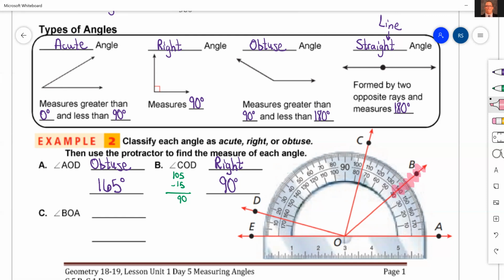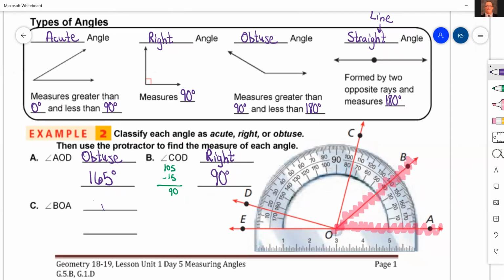That's going to be this line and this line. What kind of angle does that look like? An acute angle. Okay, so we're starting on the bottom, which is good. That AO is on the bottom, that's good.